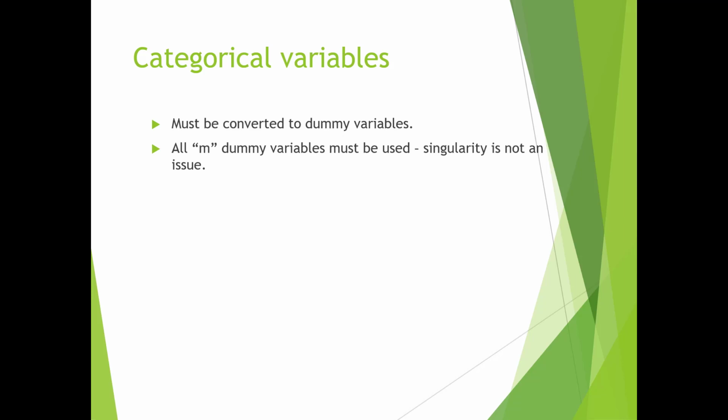And here, since it is not a parametric method, it's not like regression, you can have m number of dummy variables. You don't have to do m minus 1. If you have k categories, you have all k dummy variables, not k minus 1.